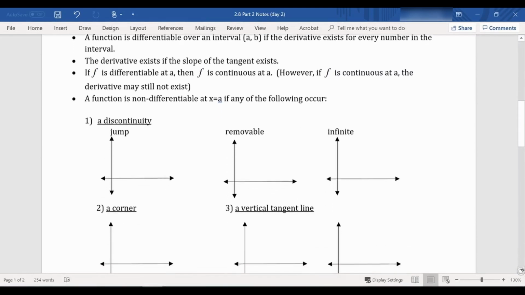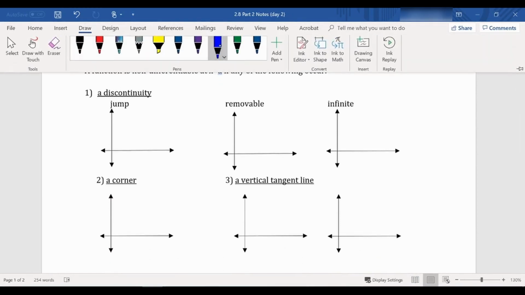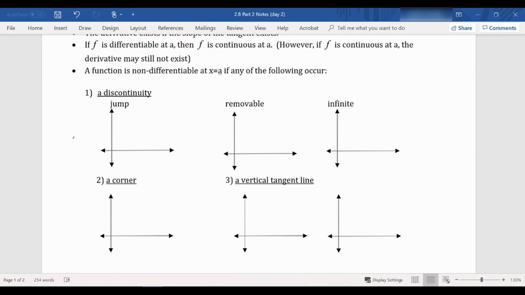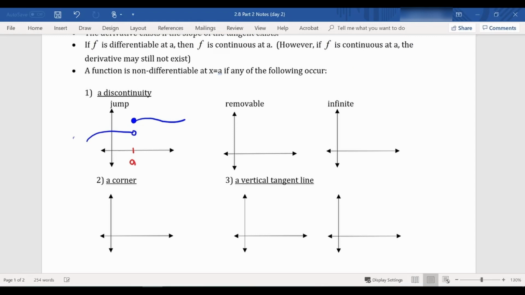So we have a couple of ways that we are not differentiable. From chapter 2, if we have a jump, this would not be differentiable at this value, x is a, because the limit from the left and the right are not equal. And therefore, we can't draw a tangent line here where we can approach from both directions.